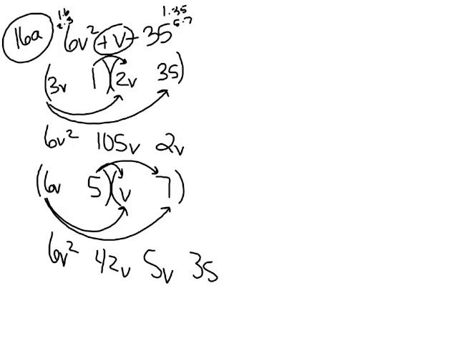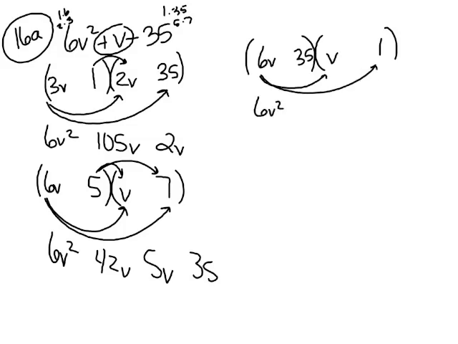Try the 1 and 35 now, instead of the 5 and 7. So I'll have 6v and v, and 1 and 35. No, the other way. So I'll have 6v squared, 6v, 35v.